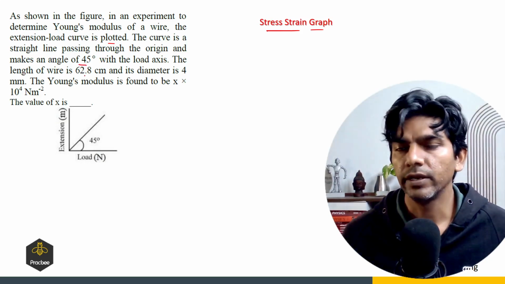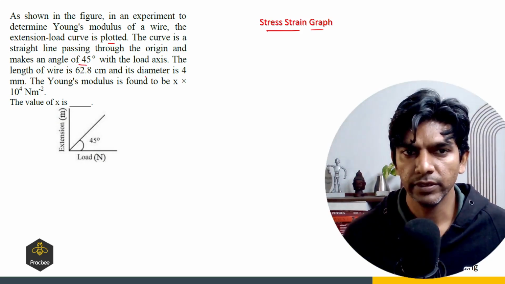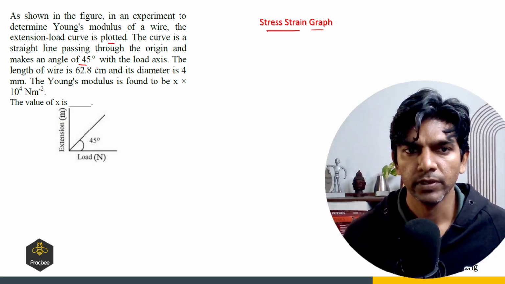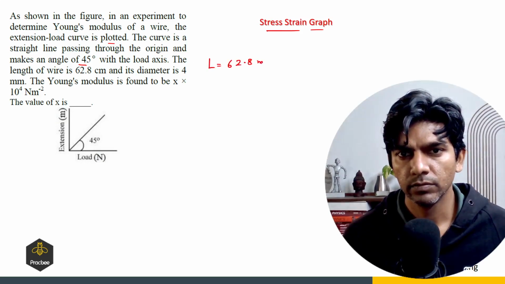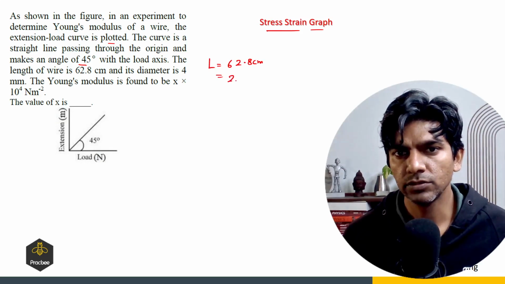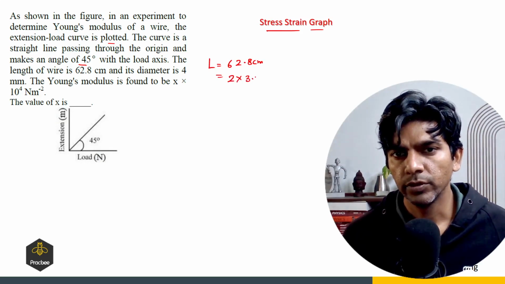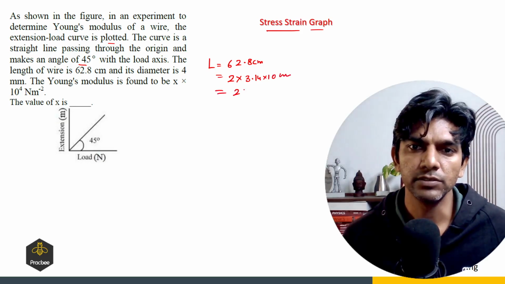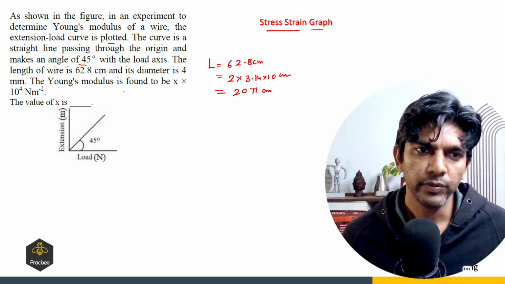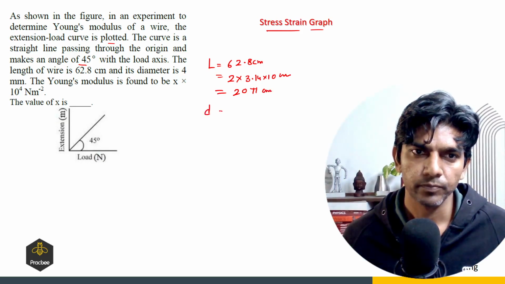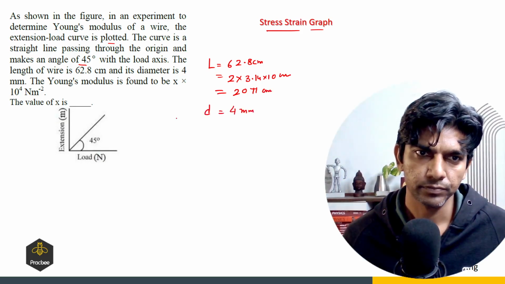The length of the wire is 62.8 centimeter and its diameter is 4 millimeter. So length is given as 62.8 centimeter, or we can write this as 2 into 3.14 times 10 centimeter, or you can write this as 20 pi centimeter, right? So that is the length, and its diameter is 4 millimeter.